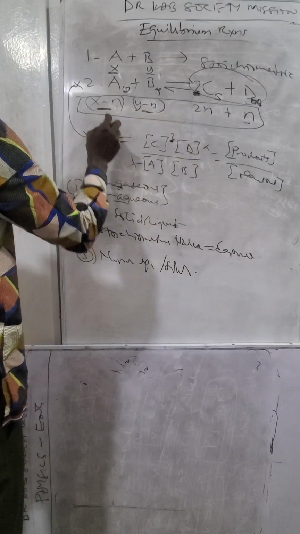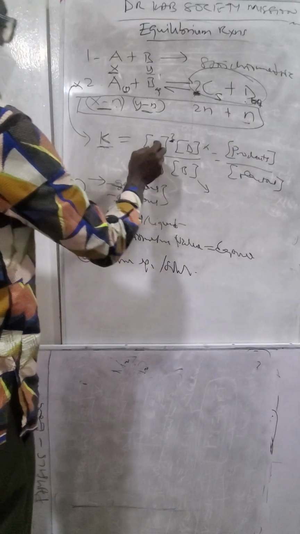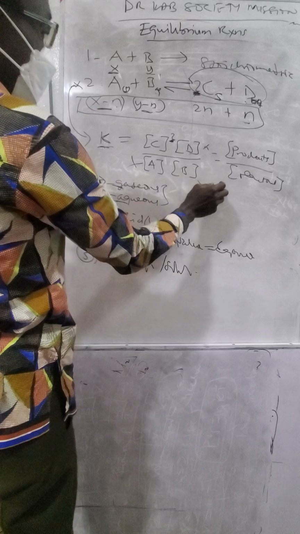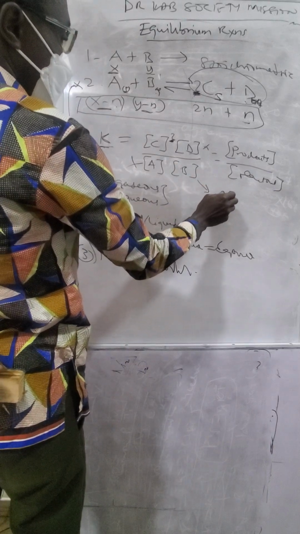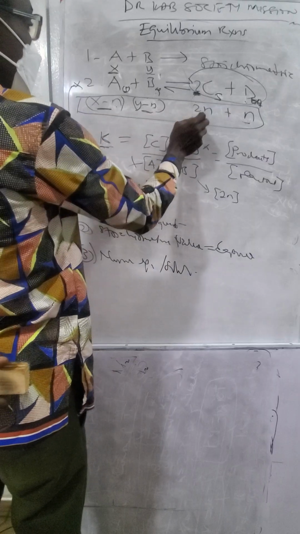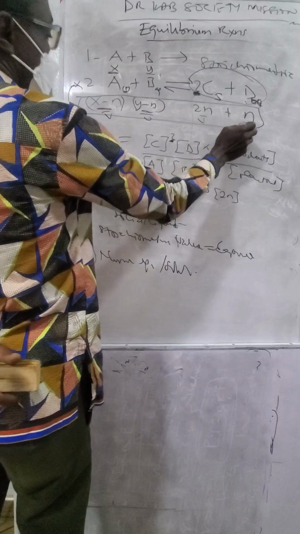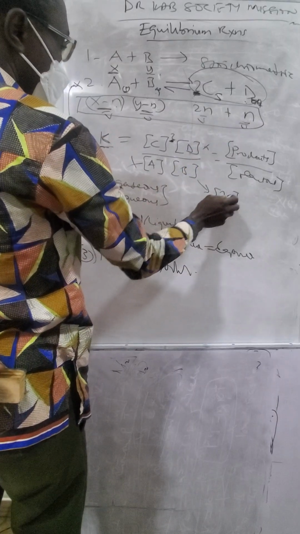In this case, if we are putting the values in, for instance, C would have been 2n. Because they are in the same volume, it's concentration, so it is this over the same volume, which should have been this over the volume that we have.